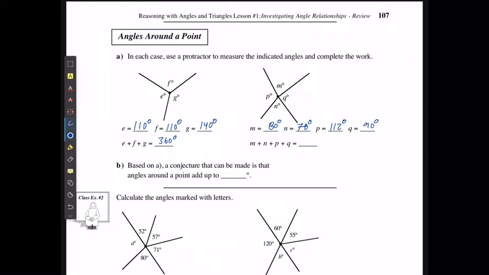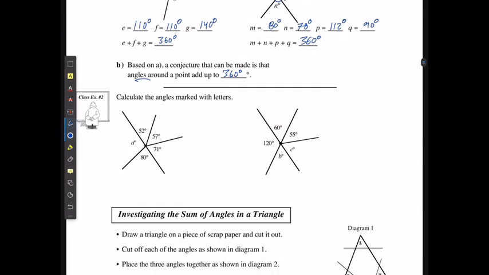Add all four of them up and I get 360 degrees. So a conjecture that can be made on angles around a point is they all add up to 360 degrees, which makes sense because if I start at one and go all the way around, I'm just making one big circle, which we already know adds up to 360 degrees. If I know that's true, then if I have all the other angles and I just want to find one missing angle, I can solve it around a circle.